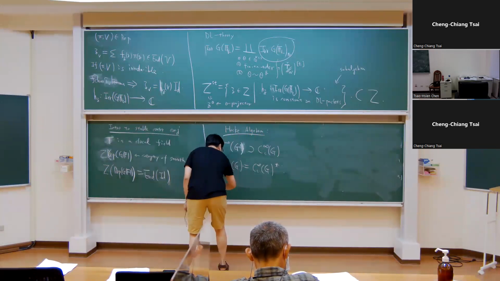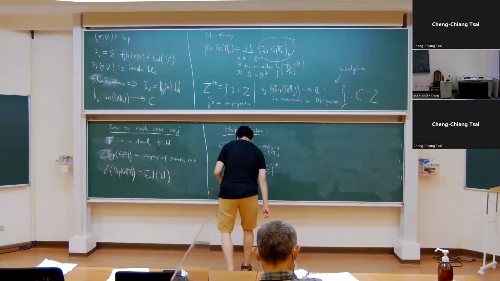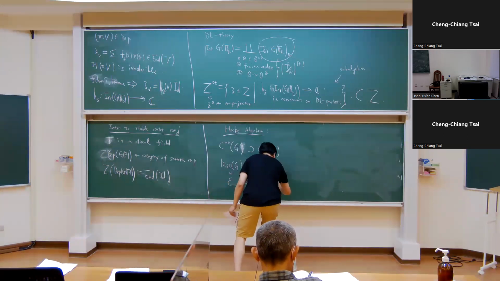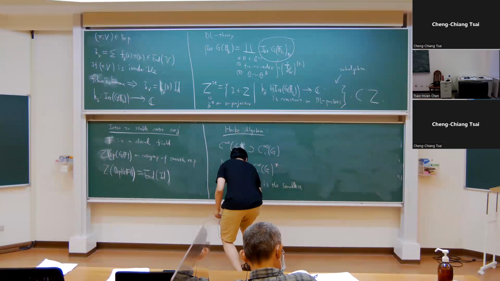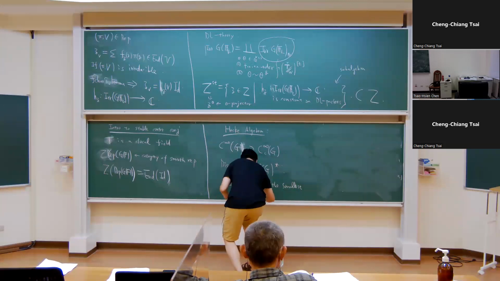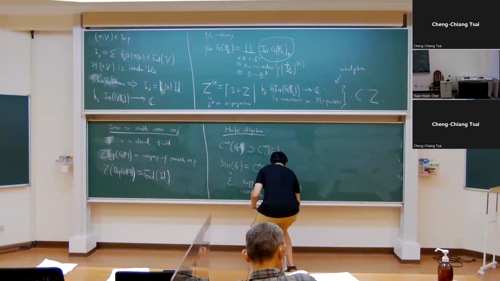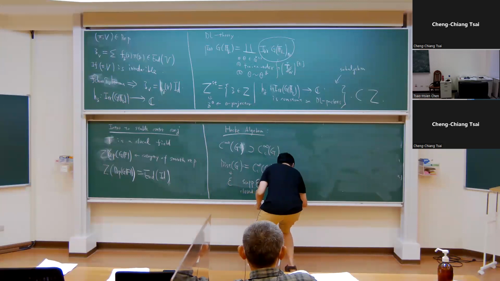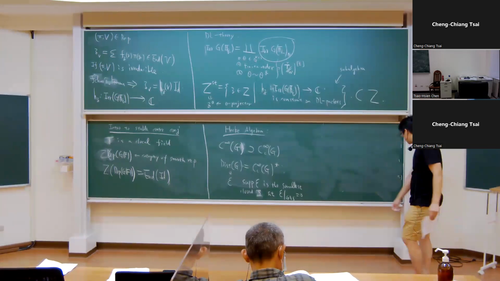Recall that if you have a distribution here, then the support of this is the smallest closed subset Z such that the distribution restricted to the complement is 0. So we can talk about supports of distributions.